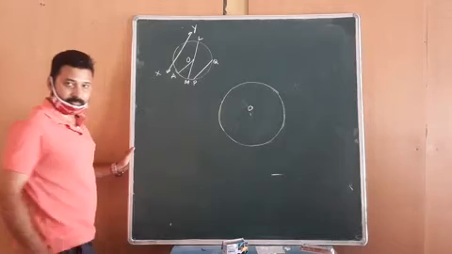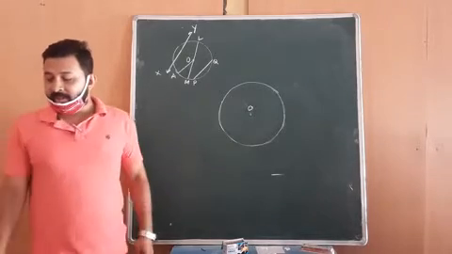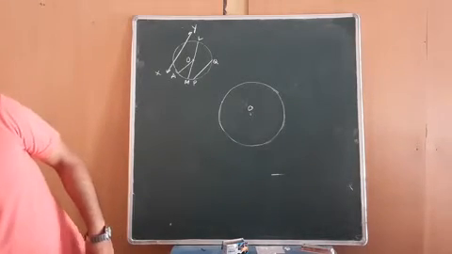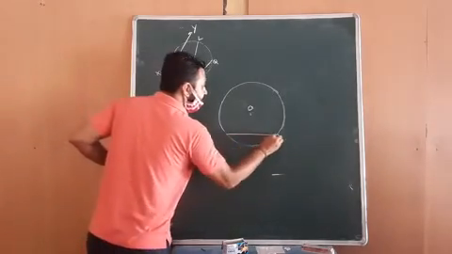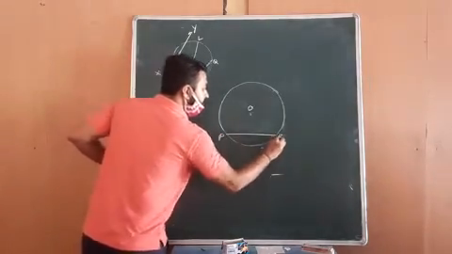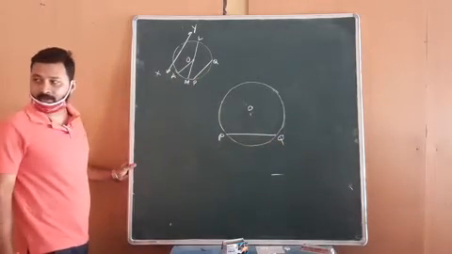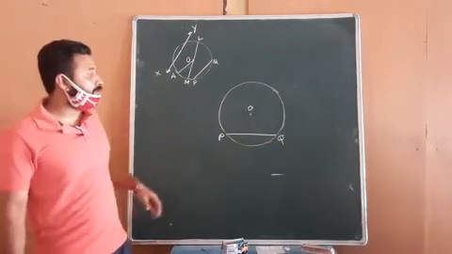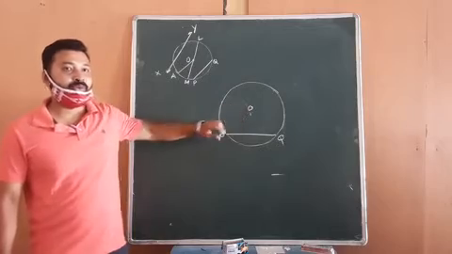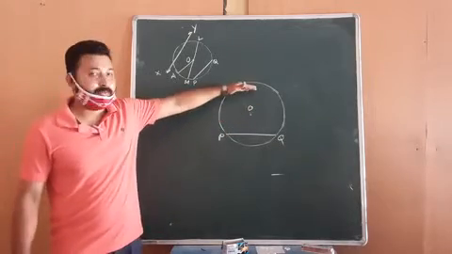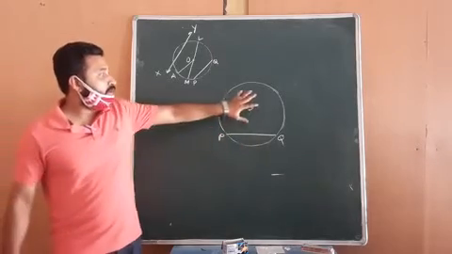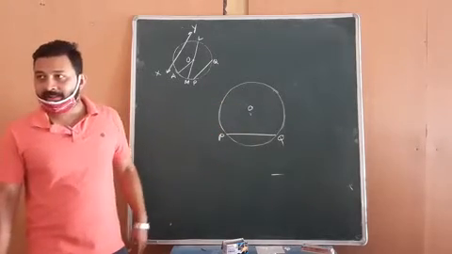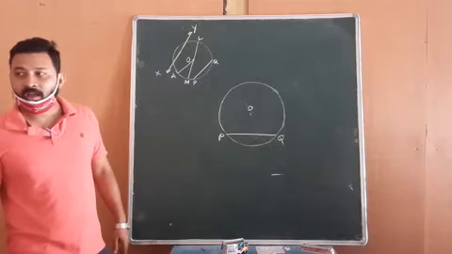Now, if we draw a chord, suppose we have drawn this chord PQ. This chord divides the circle into two parts, and each part is called a segment of the circle.